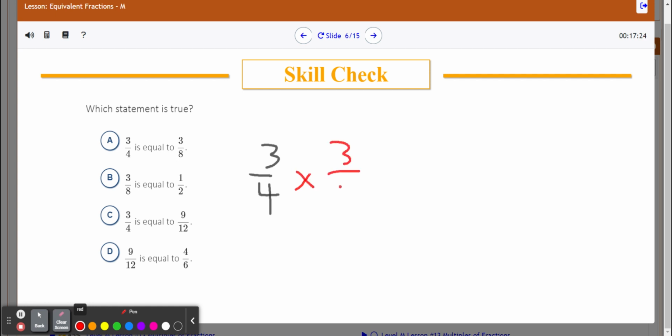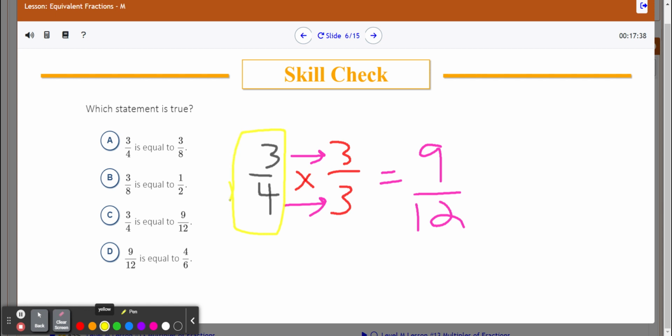Again, it doesn't matter because 3 over 3 equals 1. Look what happens. 3 times 3 gives me 9. 4 times 3 gives me 12. Hey, what do you know? 3 over 4 and 9 over 12 are equivalent fractions. So which statement is true? 3 out of 4 is equal to 9 over 12.